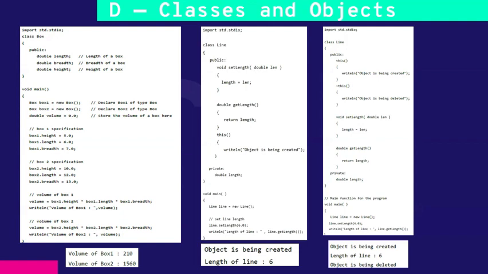As in C++, declaring a class takes the keyword class before the name of the class. This is an example of a small class. The name of this class is box. And here are the access modifiers: public, private, protected. The same thing is in the D language as well.